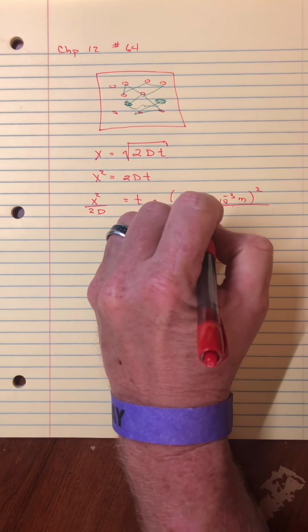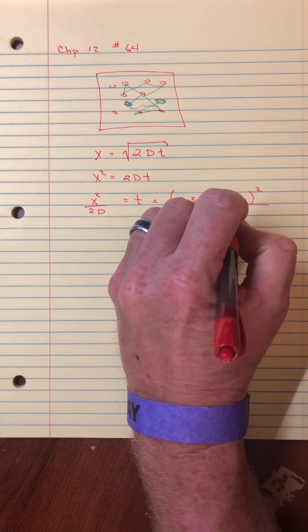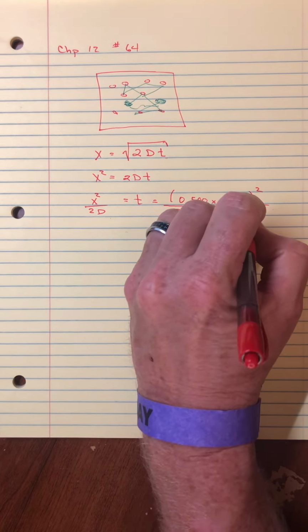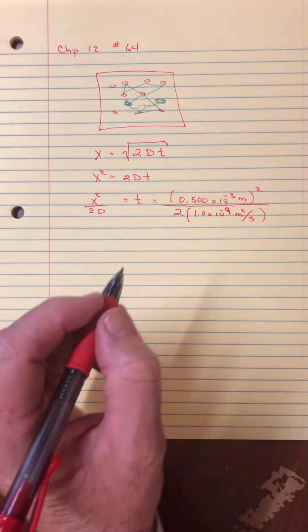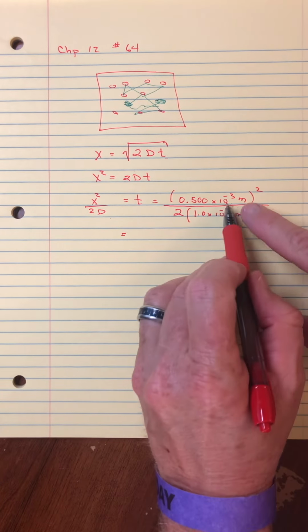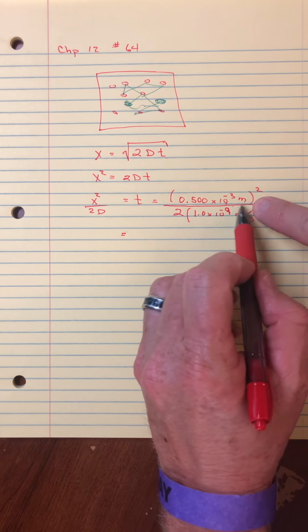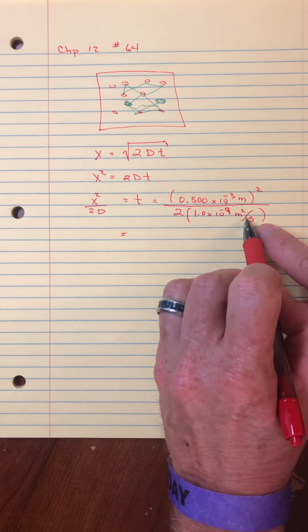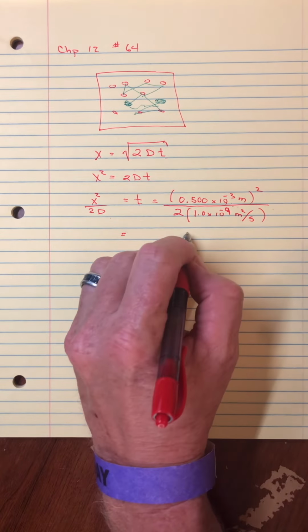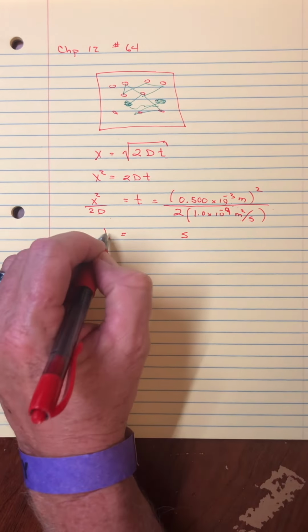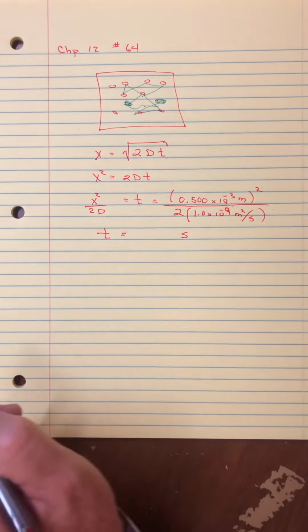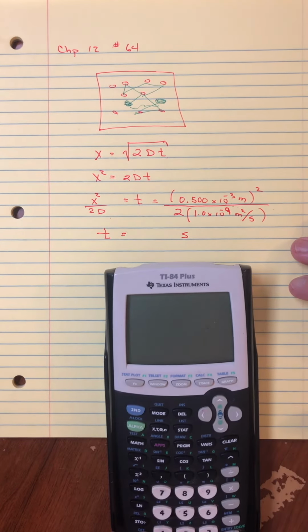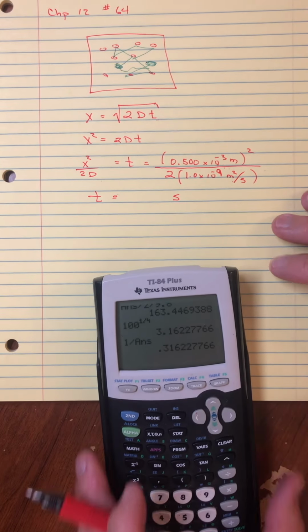Remember, it was meters squared per second, which is actually a great set of units, and so my hunch was right. That's probably going to be in meters. So I get meters squared over meters squared, and then the seconds in the denominator flip and multiply, and we're going to get time in units of seconds. Good. Let's run through the math.